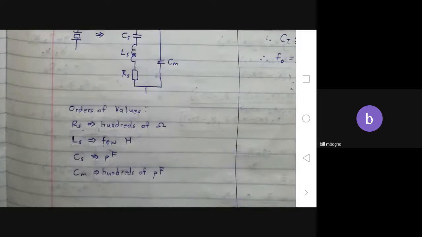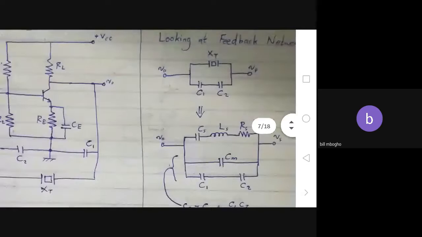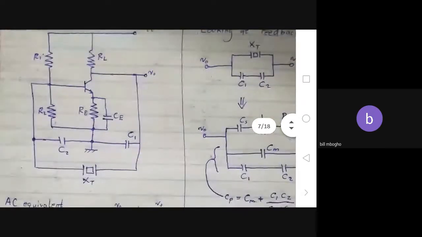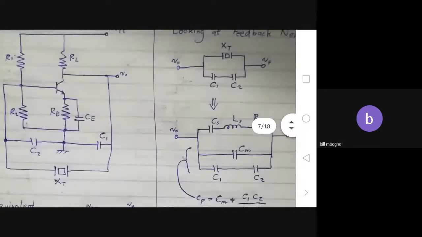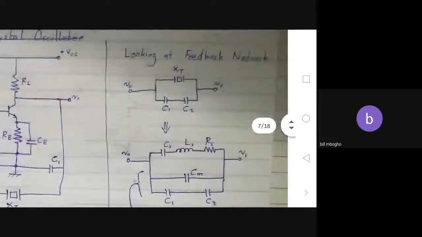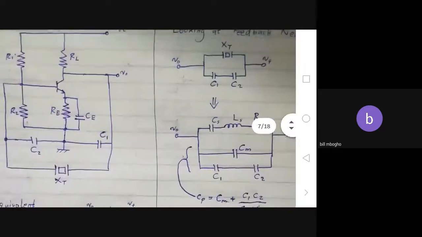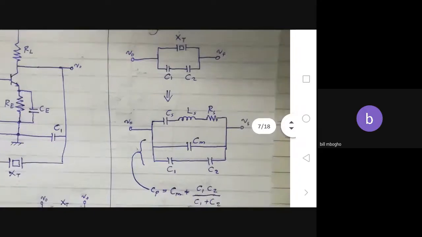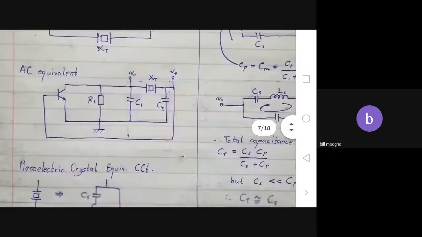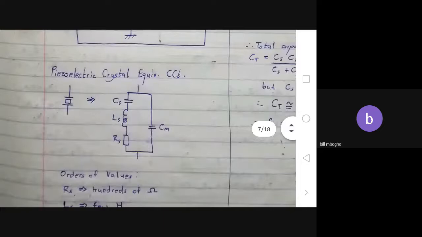So if you look at the feedback circuits from here, like we were looking at them before for the Hartley and Colpitts, it'll look like this. You'll have the C1 and C2 in parallel with the XT. And then you can replace the XT with the equivalent for the piezoelectric crystal.